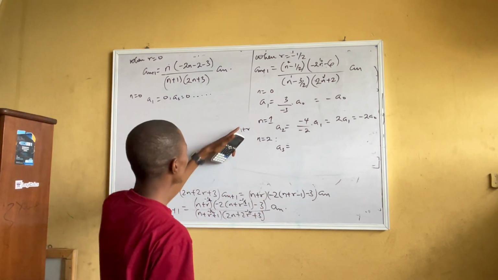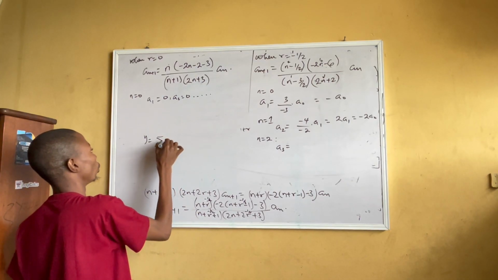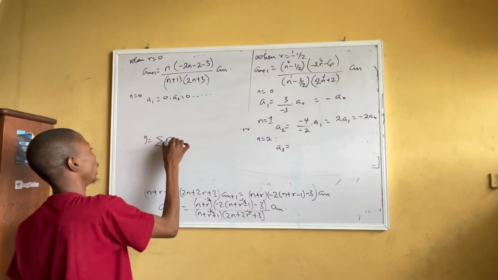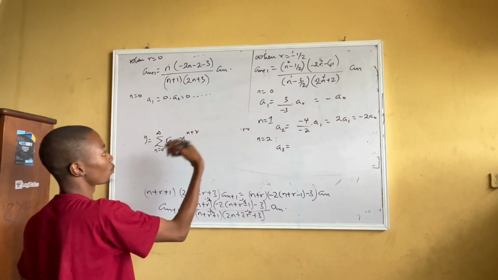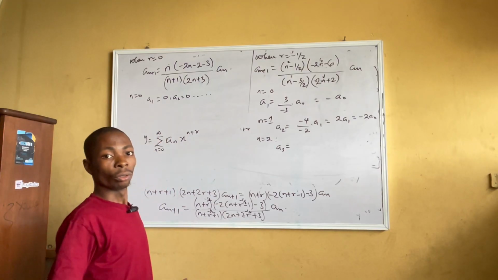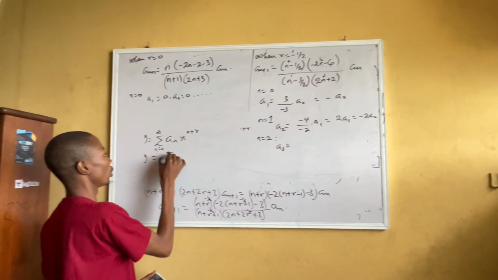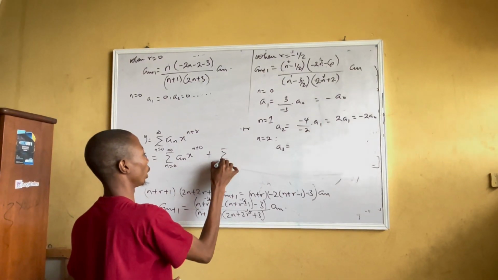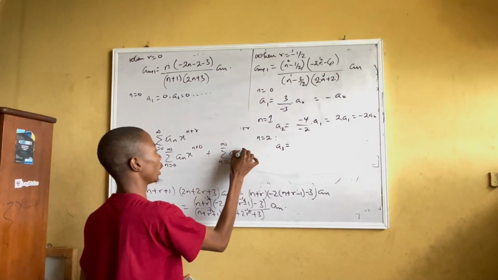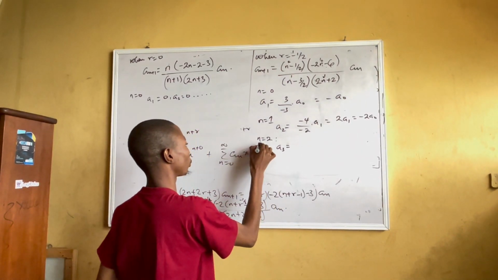So when you now write the general solution, y equals summation a_n x raised to power n plus r, n from 0 to infinity, and we have two values of r, one is 0, the other is minus half. That is y equals summation n from 0 of a_n x raised to power n plus 0, plus summation n from 0 of a_n x raised to power n minus half.